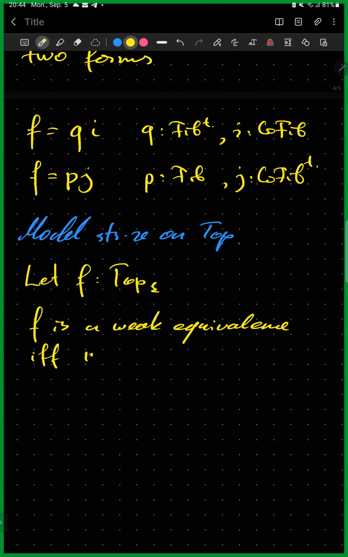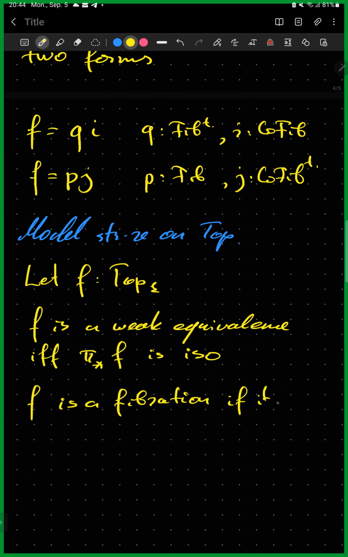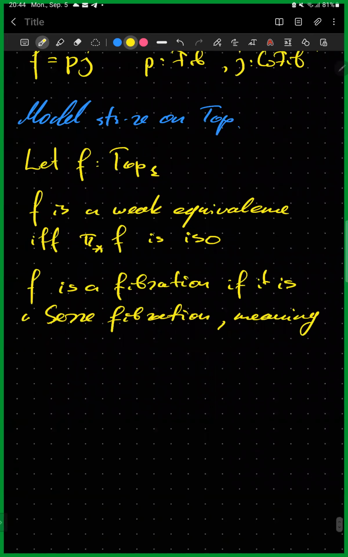So F is a fibration if it is a Serre fibration, meaning that it satisfies the lifting property with respect to inclusions of the following form.